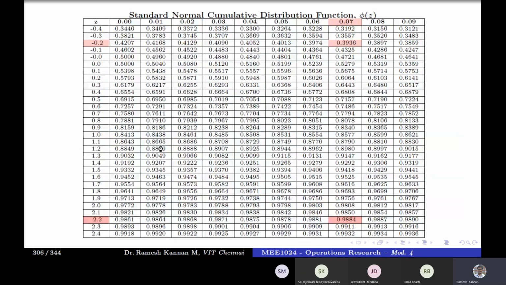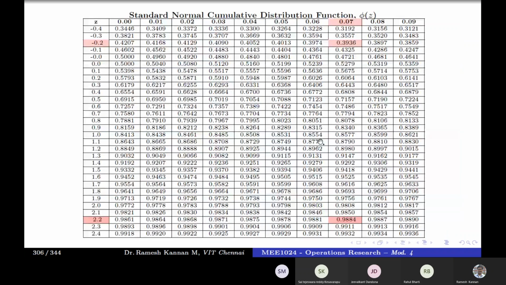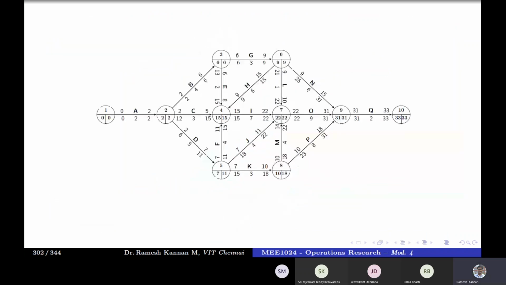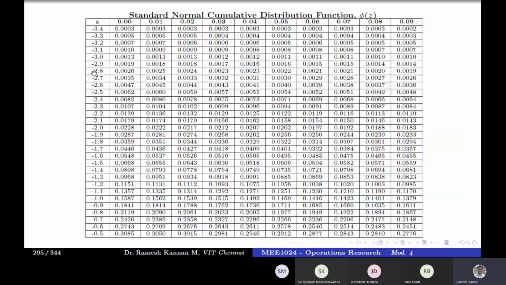So I think we have got minus 2.2. We have to go to the table, minus 2.2.